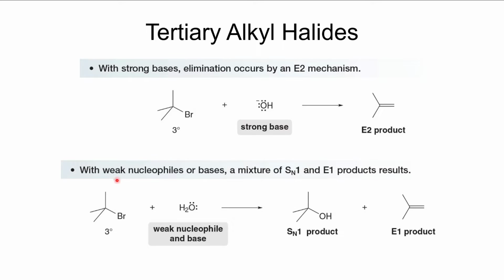And if you have a weak nucleophile like water or an alcohol, that also acts as the solvent, then we will find that those things tend to give us a mixture of SN1 and E1 products. So here, for tertiary alkyl halides, strong base is going to give us E2. Weak base as a nucleophile gives us SN1 and E1.